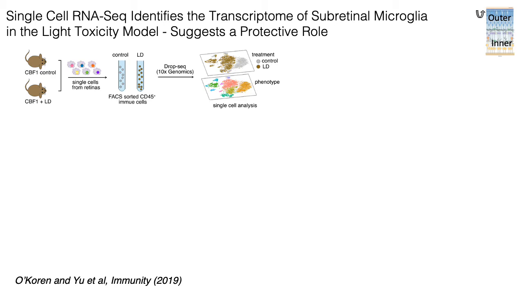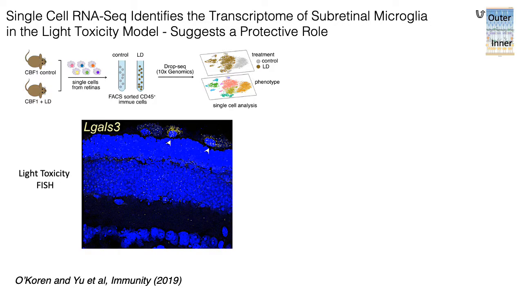With this information, we then applied pseudotime analysis, a bioinformatic platform, to help mine for the specific cluster of microglia representing the subretinal space microglia, which we then validated with differentially expressed gene markers of this population, one of which, shown here by in situ in the light toxicity model, is galectin 3.